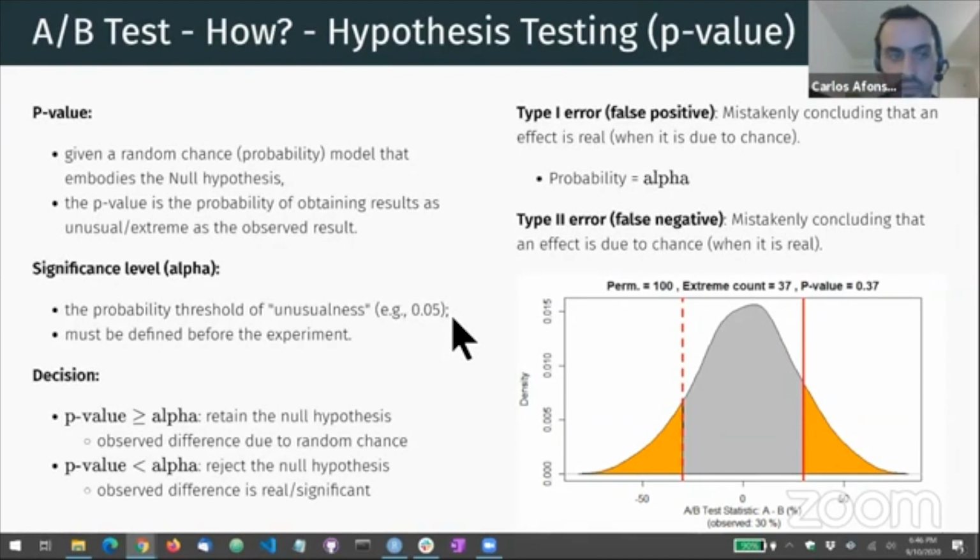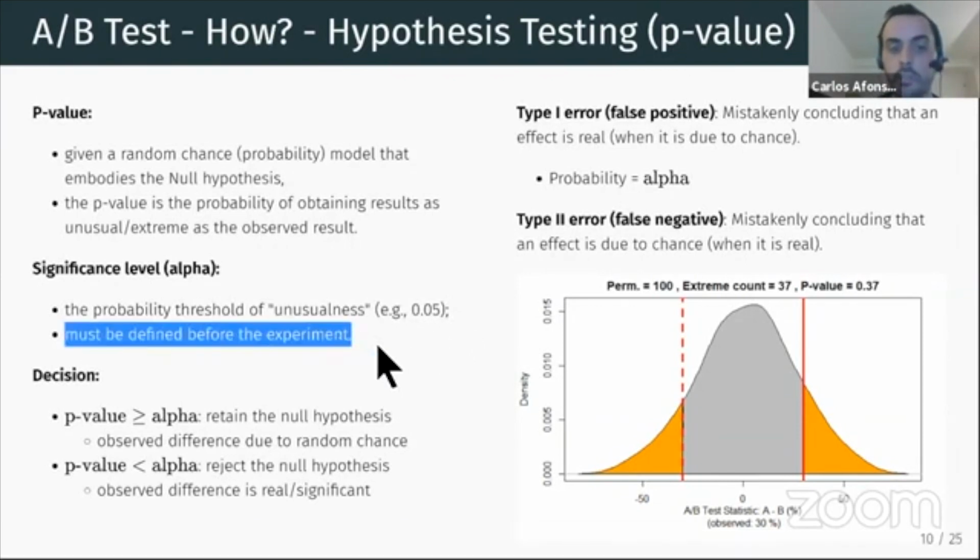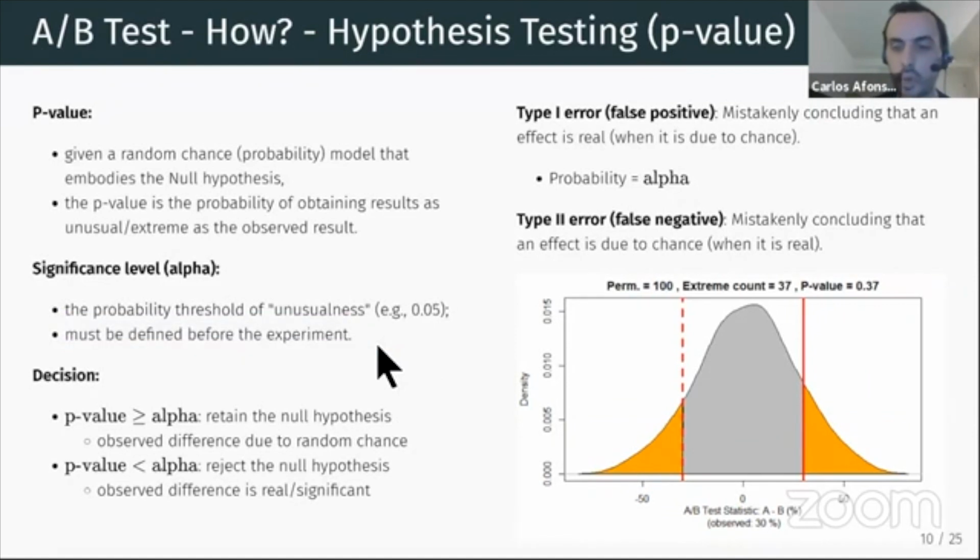Okay? And this is one of the things that must be defined in that step 0 when we are defining the A/B test itself. How are we going to do it? What's the A/B test and how it's going to be done? In that step 0, you need to define what's going to be your significance level. Okay? Often we use 0.05. And for all practical purposes, we'll be using here 0.05.